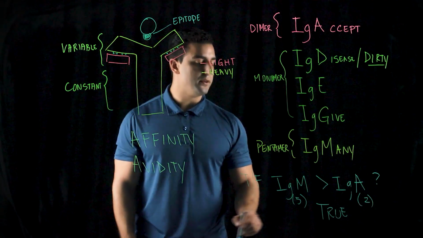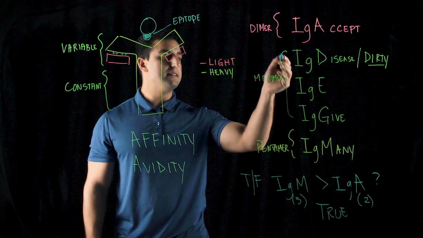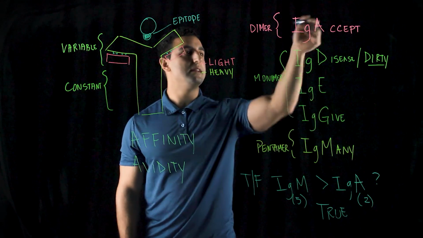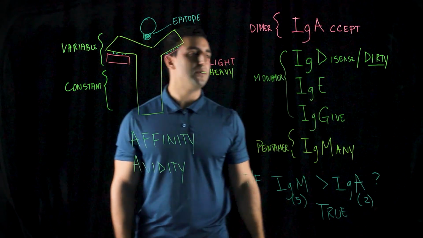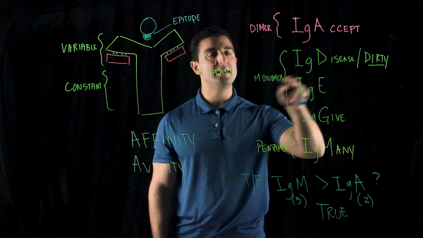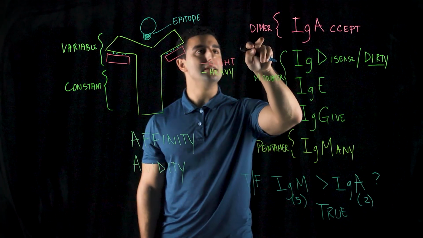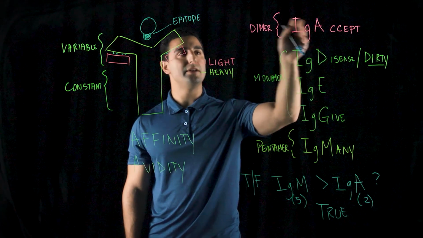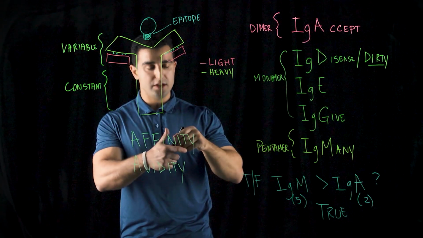Okay? Or another question, for example, would be like, does IgE have higher avidity than IgA? No, right? Because IgE has only 1 receptor, whereas the IgA has 2. So IgA has a higher avidity than the IgE, than the monomer.